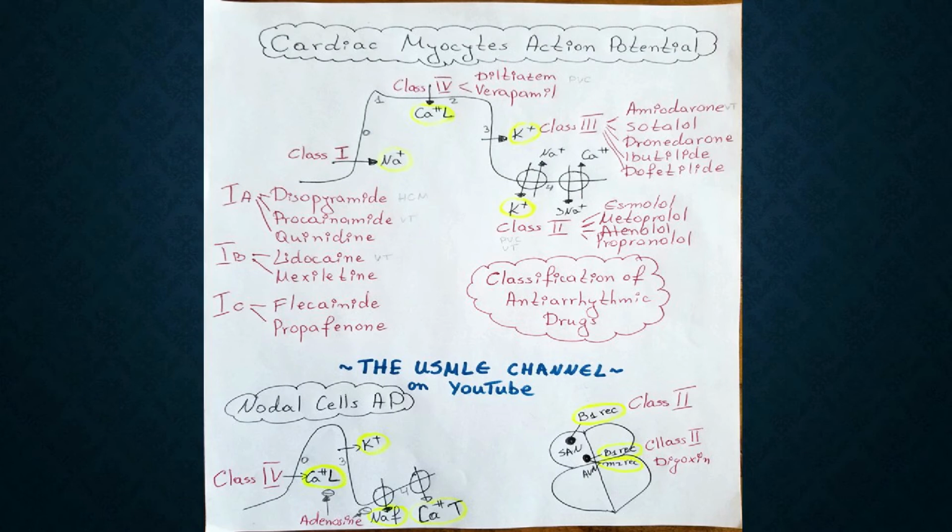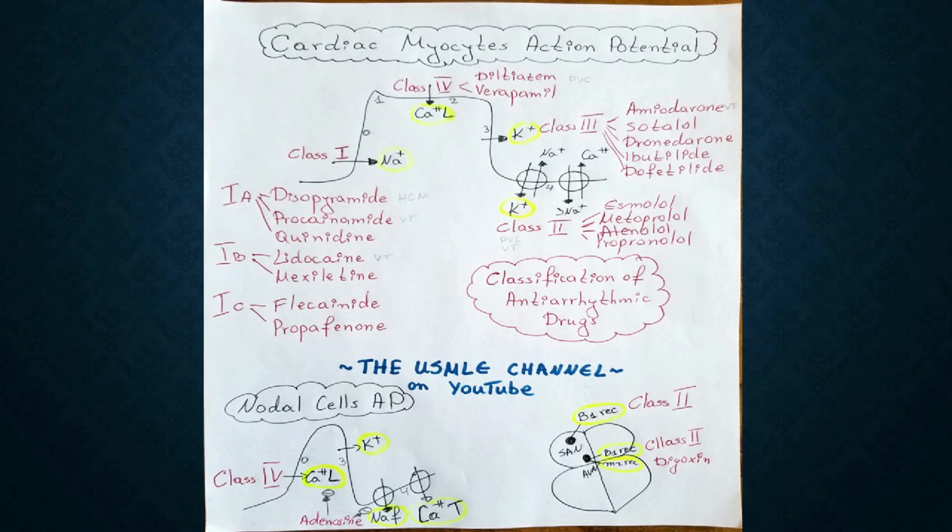The drugs from class 1B are lidocaine and mexiletine, and the drugs from class 1C are flecainide and propafenone. Class 2 antiarrhythmics are actually the beta blockers like esmolol, metoprolol, atenolol, propranolol. And class 4 antiarrhythmic drugs are the non-dihydropyridine calcium channel blockers, diltiazem and verapamil.